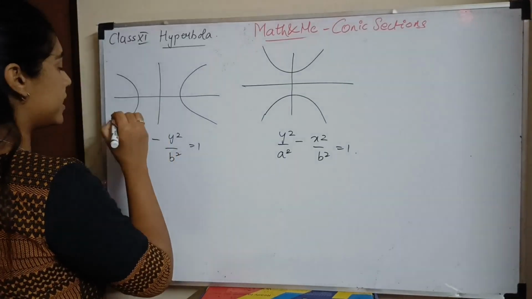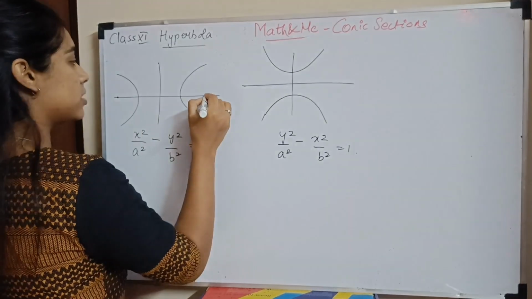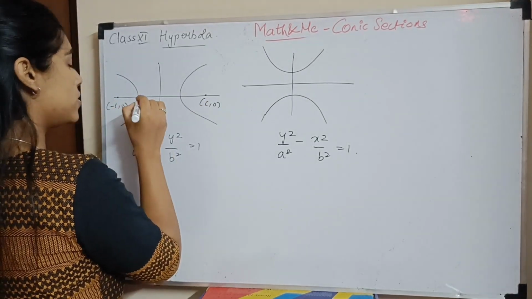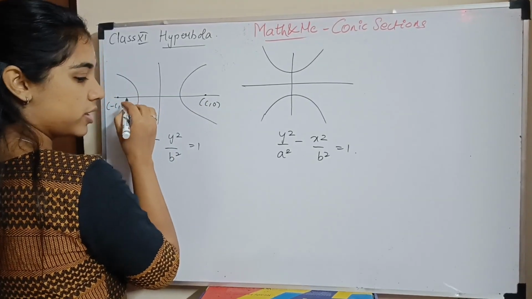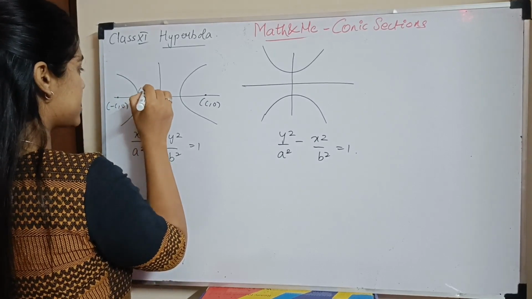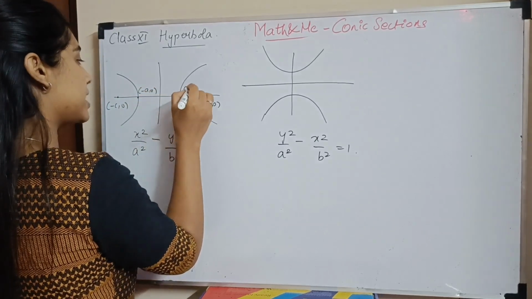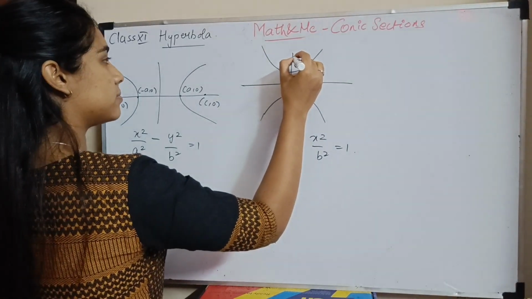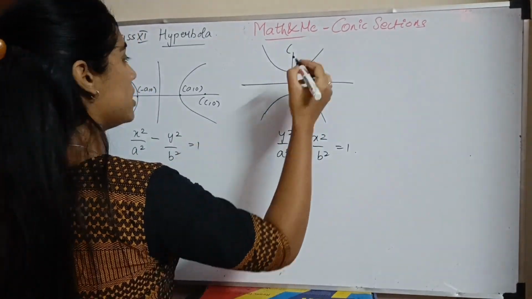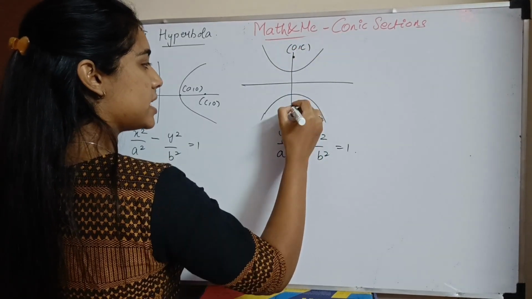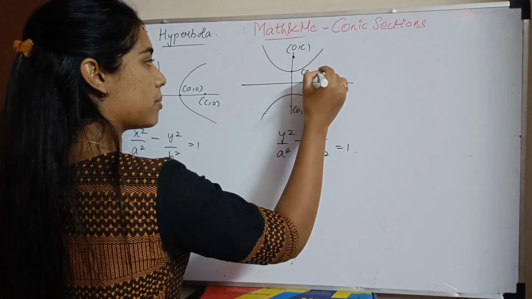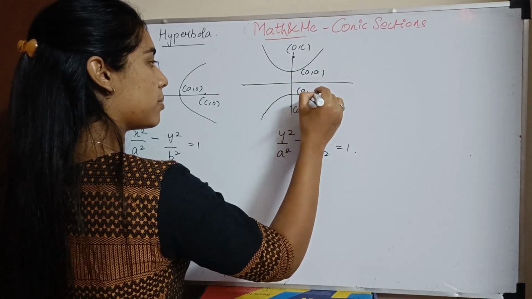In this, this point is the foci. So it's c comma 0 and minus c comma 0, and the points over here are minus a comma 0 and a comma 0. Similarly, for the y-axis hyperbola, the foci have the coordinates 0 comma c and 0 comma minus c. This point is 0 comma a and this is 0 comma minus a.